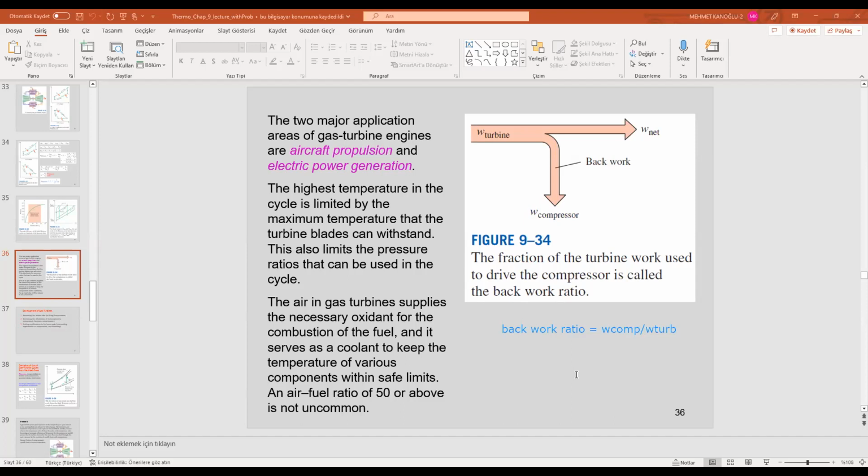And do we want to maximize this back work ratio or minimize it? Do we want to maximize it or minimize it?